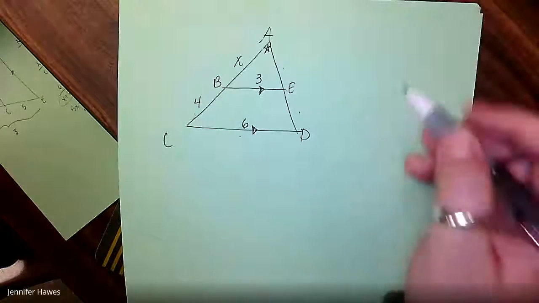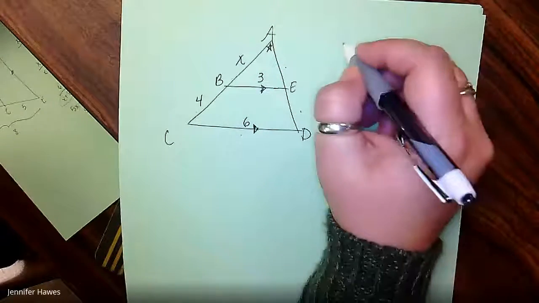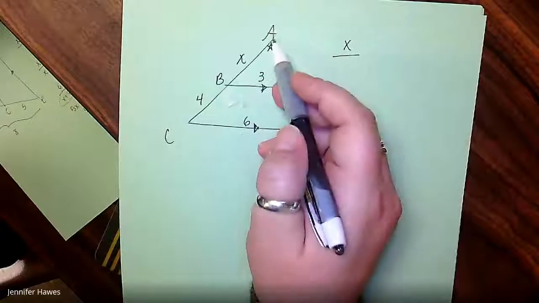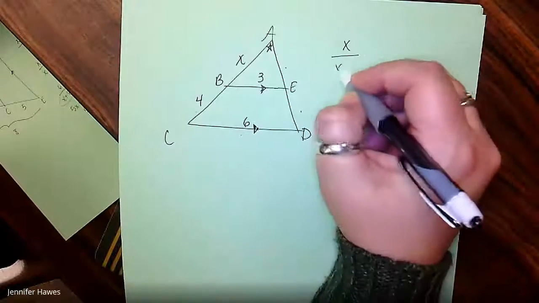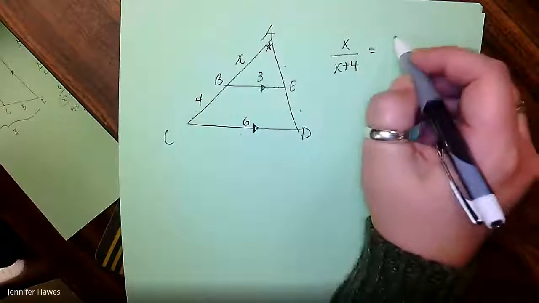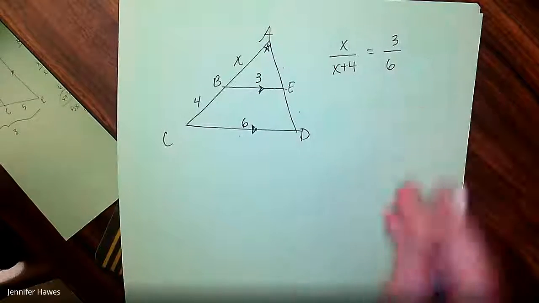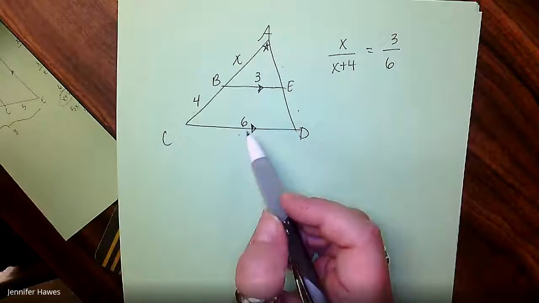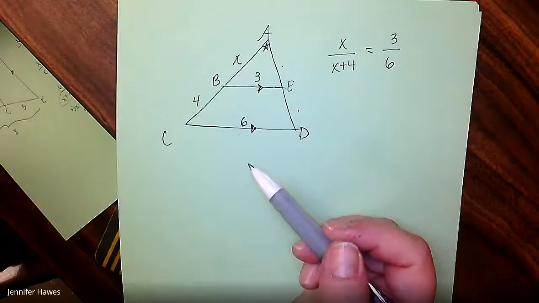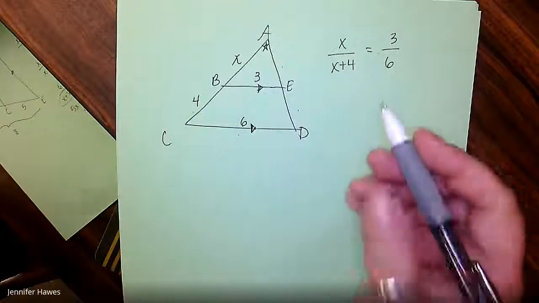Otherwise, this is just a little triangle. So I'm going to do X over big triangle, X plus 4. And then I got little triangle side, and then I got big triangle side. So if you have the insides, those are sides of triangles. Those aren't parts that got broken down. Those are actual sides.